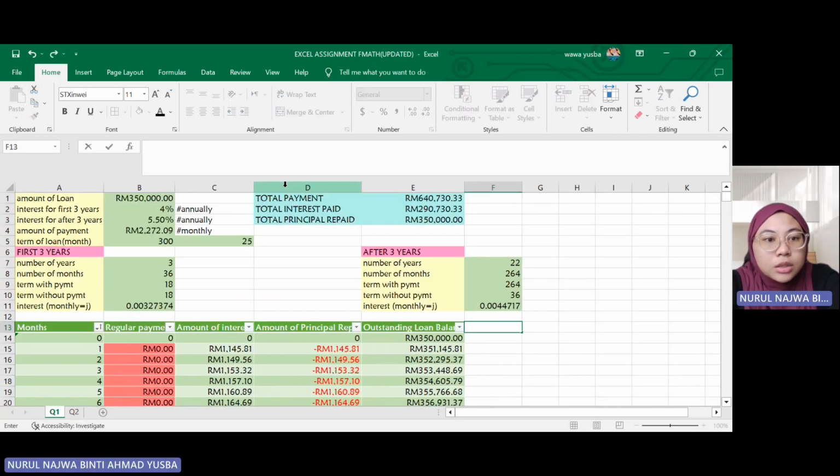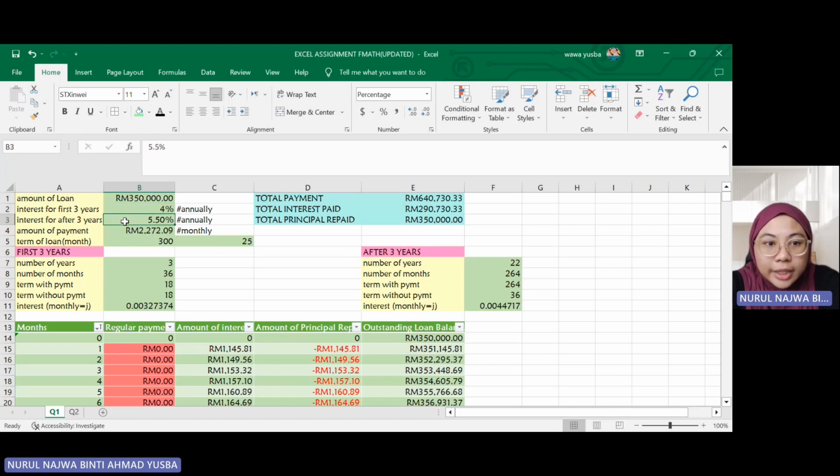How I construct it is I just state the information from the question, which is the amount of loan given, 350,000 ringgit, and interest for the first 3 years of 4% per annum. After 3 years, 5.5% also per annum, and then the amount of payment.